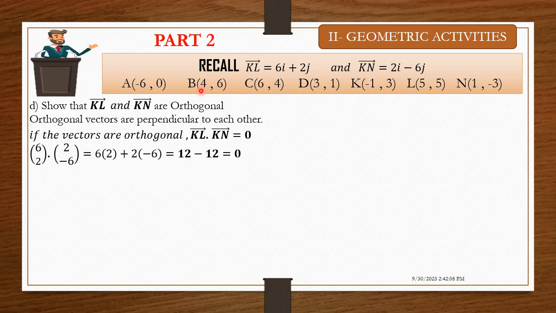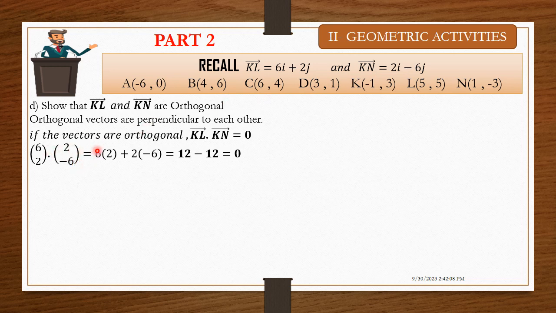We write KL as a column vector (6, 2) and KN as (2, -6).